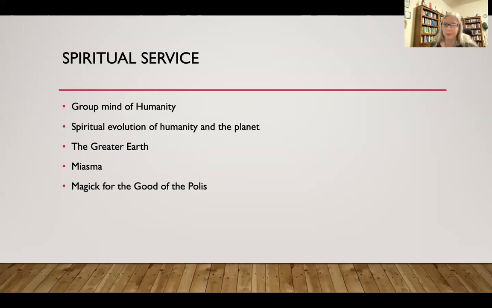That is spiritual service. I do a lot of work about miasma. Miasma is the spiritual pollution that comes from being out of right relationship. That can be out of right relationship with all our aspects of self, and cleansing some of that is a large part of the initiatory path and initiatory types of rituals. It can be miasma from the whole of humanity being out of right relationship with nature, or with the spirits, and trying to do work to cleanse that spiritual pollution.